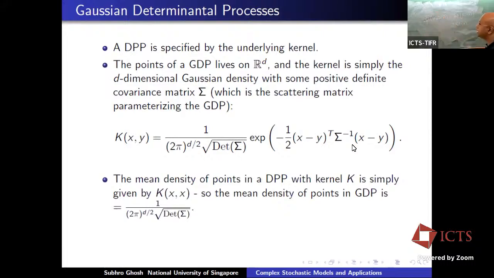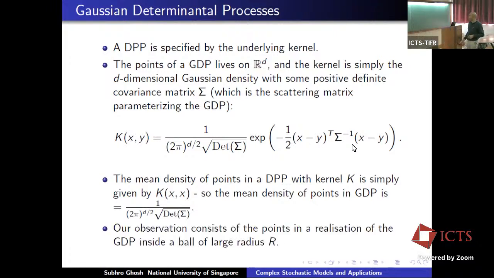And this K(x,x) here is just a constant. This is natural because the point process is translation invariant. And it is, up to a dimension-dependent constant, just 1 over the square root of the determinant of sigma. Okay. So this actually is going to be a useful fact when we later study parameter modulations for this model.